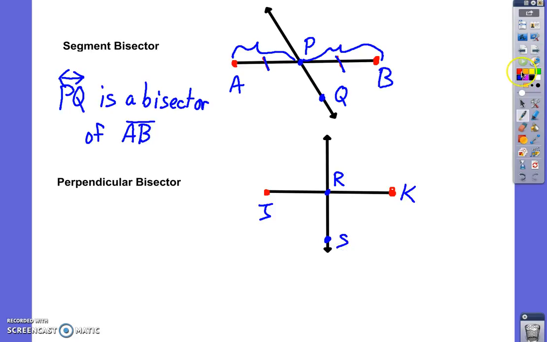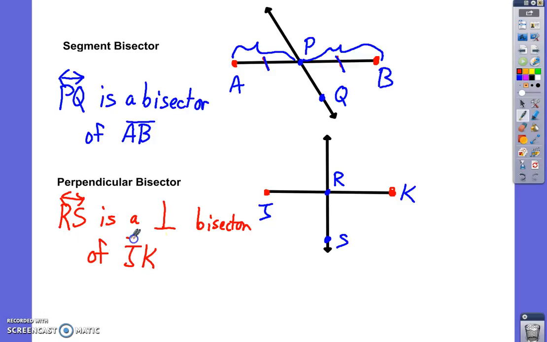Now remember, if line RS is a perpendicular bisector of JK, then that tells us that not only is this segment congruent to this segment, but it also forms a right angle. So that's a perpendicular bisector. So that's the difference between the two.